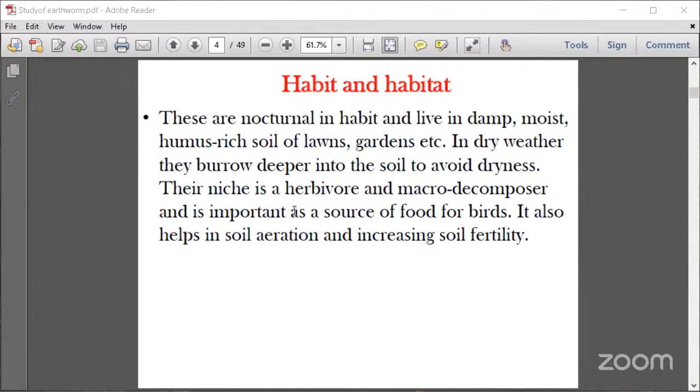Before going to the habitat, these are nocturnal in habit and live in damp soil, meaning the humus-rich soils of lawns and gardens, etc.